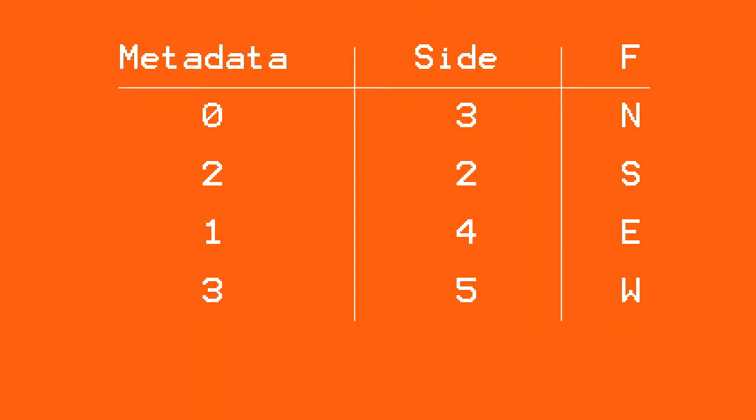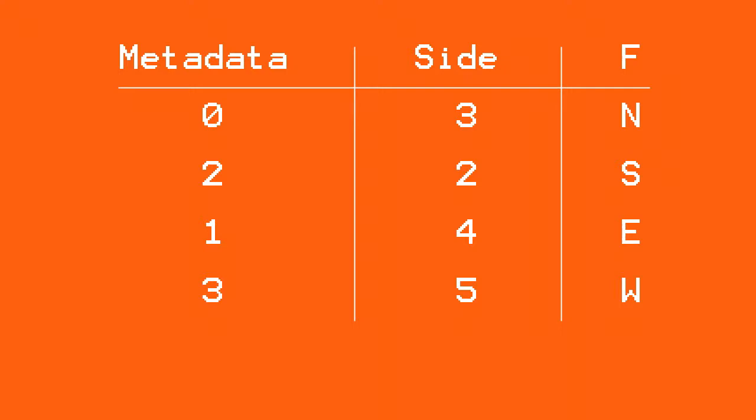The side is the side of the block. And then we've got a direction that you would be facing. So you've got the 3 and 0 that corresponds to, you want the block to show you the north face when you're facing it. And you can see the 2 and 2 is south, and if you go down there, that's all of that. What that basically means is if any of those combinations have happened, we want to return the icon that's for the front.